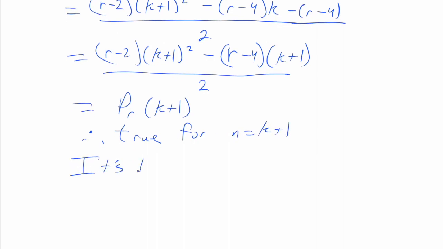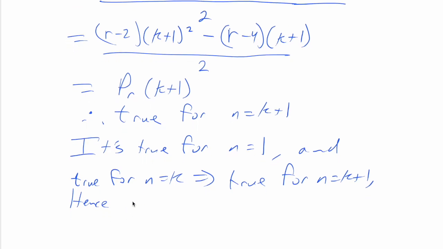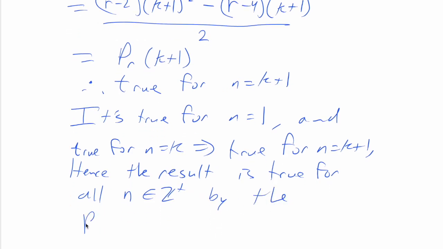So it's true for n equals 1, and true for n equals k implies true for n equals k plus 1. Hence, the result is true for all n in Z plus by the principle of mathematical induction.